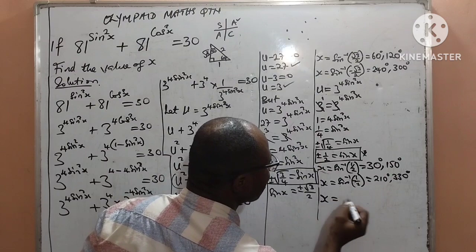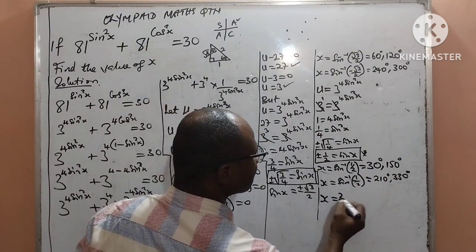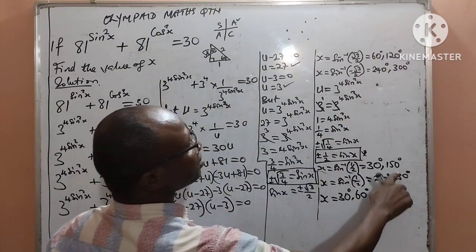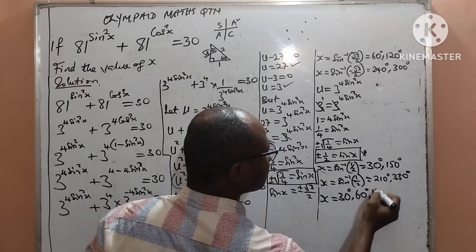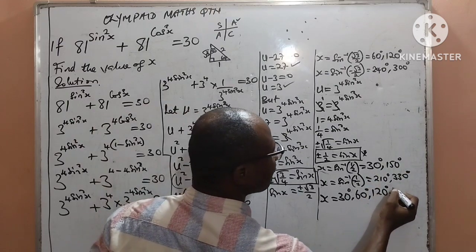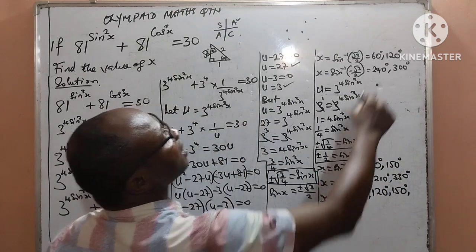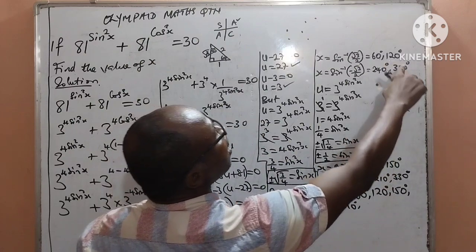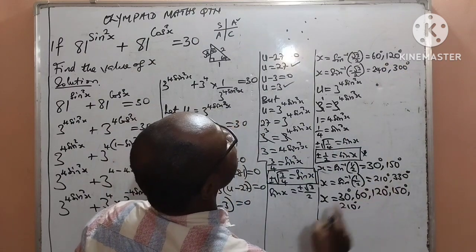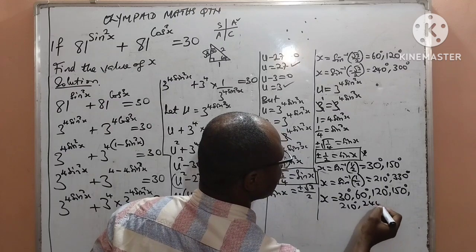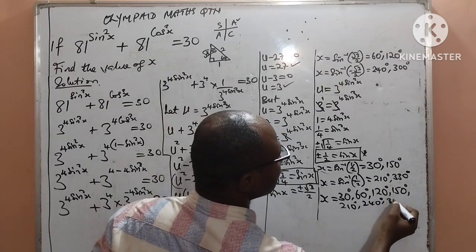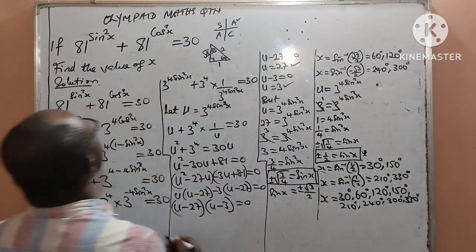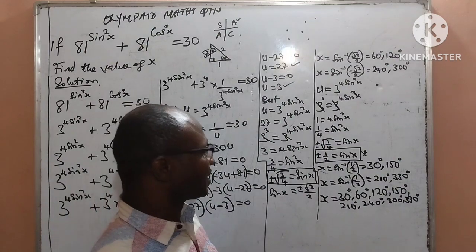We now say that the values of x are first 30 degrees, next 60 degrees, next 120 degrees, next 150 degrees, next 210 degrees, next 240 degrees, next 300 degrees, and lastly 330 degrees. So that will be the values of x.